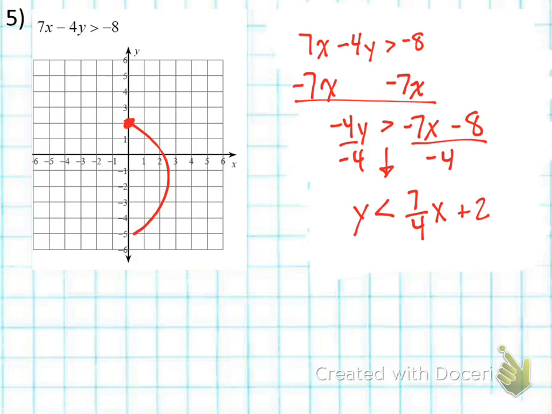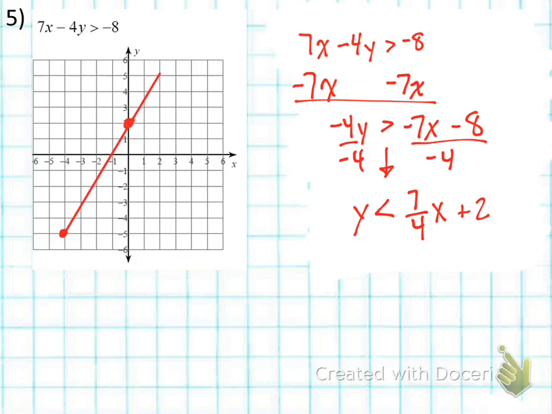I'm going the opposite way. Sorry, I'm showing you little tricks that I do to help you move more quickly. Why did I go the opposite way? There's not enough points on my paper. Anyways, then I connect the dots.